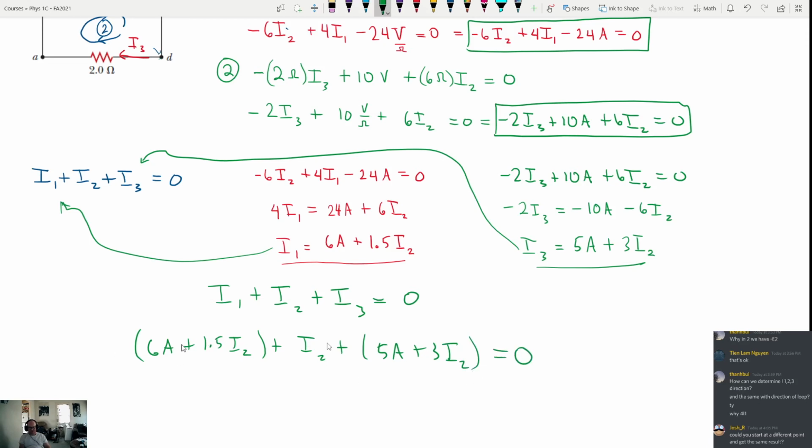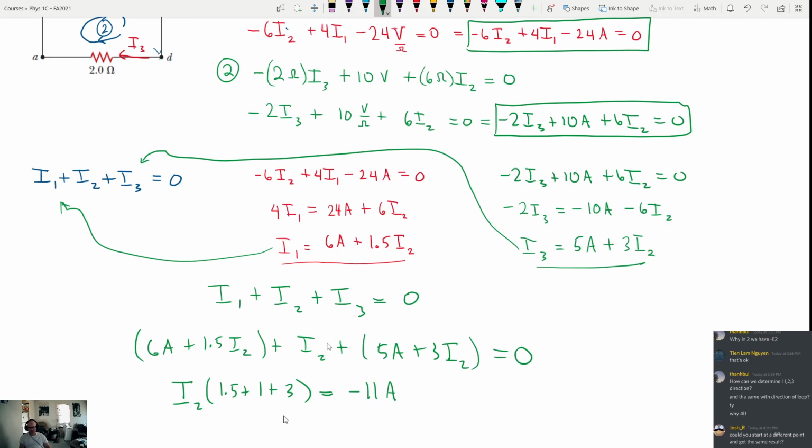So now we only have one unknown, which is I2.